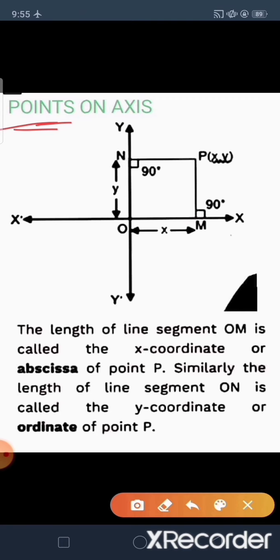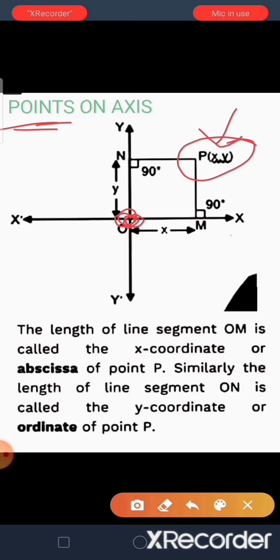For the point, in Cartesian coordinates we plot a point. For that, we take a point P(x, y) on the Cartesian plane. To find the point, we start from 0 in the positive direction, because we want point P in the positive direction of x.